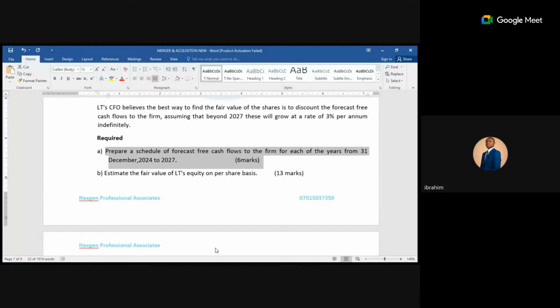Fair value is the market value of LT equity per share, meaning that you need to divide the value by the number of shares.